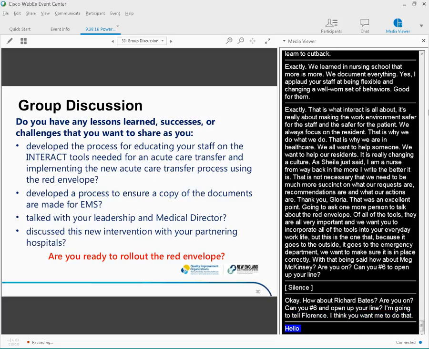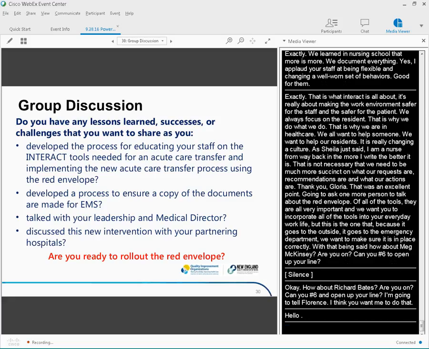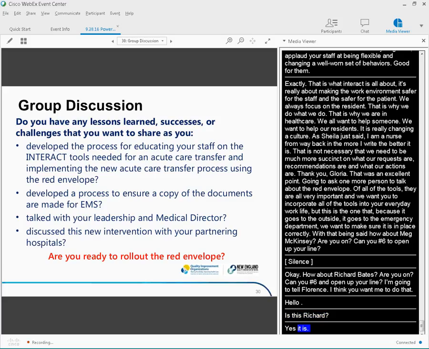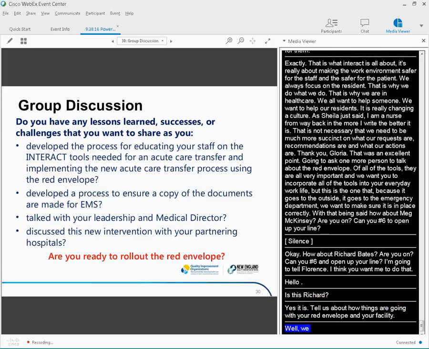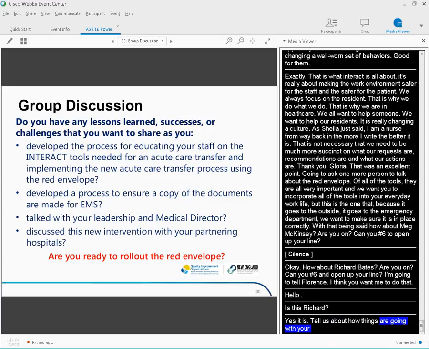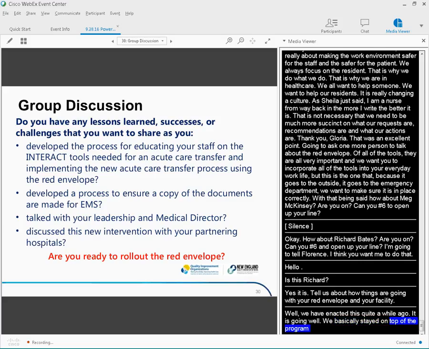Yes, it is. So, Richard, tell us about how things are going with your red envelope in your facility. Well, we've enacted this quite a while ago, and it's going well. We've basically stayed on top of the program, and we're using it for both sides of the building. So we've been using it with Griffin for quite a while. Great.